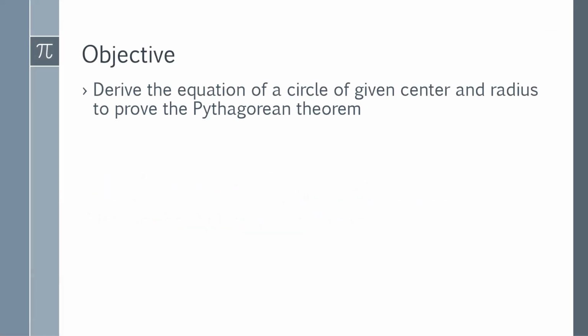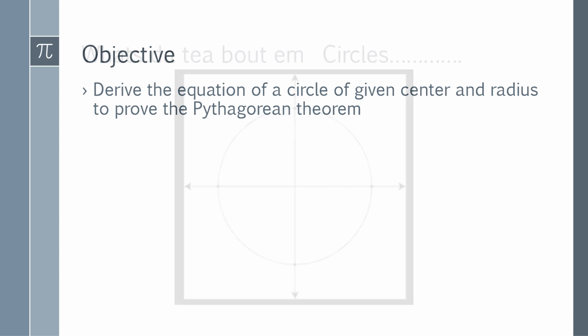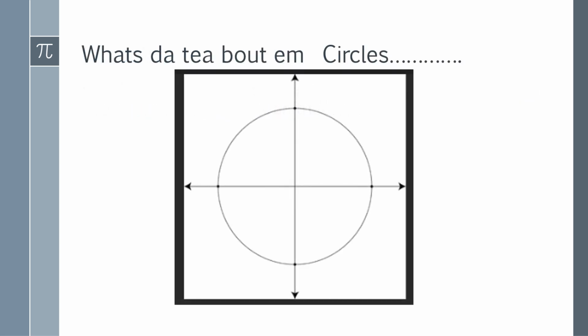In order to make this happen, we have to derive the equation of a circle of a given center and radius to prove the Pythagorean theorem. So that's right, we're going to take the knowledge of circles. So we're going to make our geometry teacher proud, and we're going to get into it.